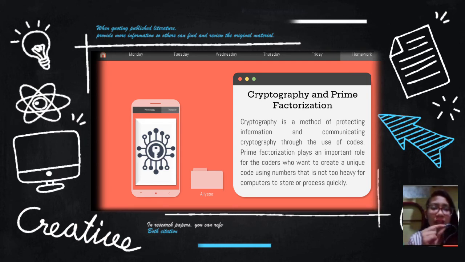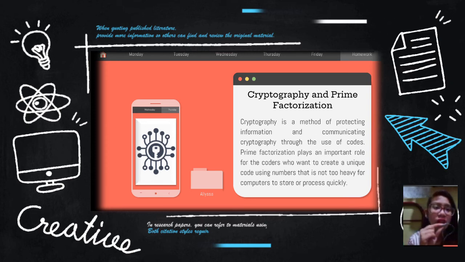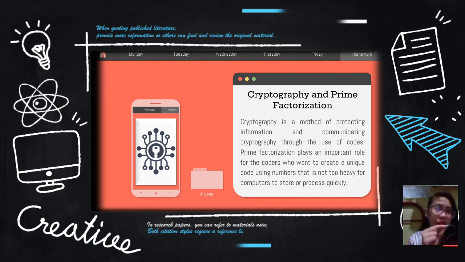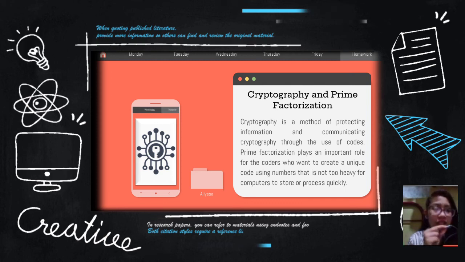Pero, pag si computer yung magsosolve, it may take months, days. Kaya yun yung kaya prime factorization usually ginagamit for encryption kasi nga mahirap siyang ma-break. And there is no easy shortcut for factoring numbers. Usually, it is a trial and error process.